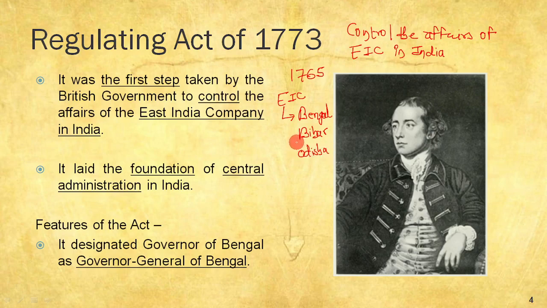So they started collecting revenue from these provinces, and out of their trade they started to gain an enormous amount of wealth. The company was getting richer and richer day by day. This raised an alarm in Britain, and now the British government, the British Parliament, started controlling the affairs of the East India Company in India.